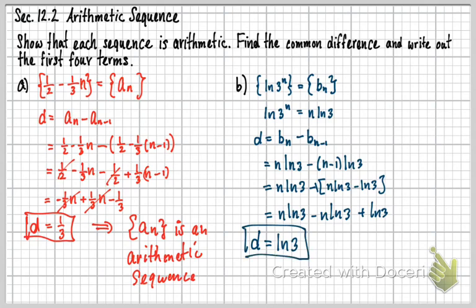Because that's a constant, I would say b sub n is an arithmetic sequence. So there's our answers for those two.